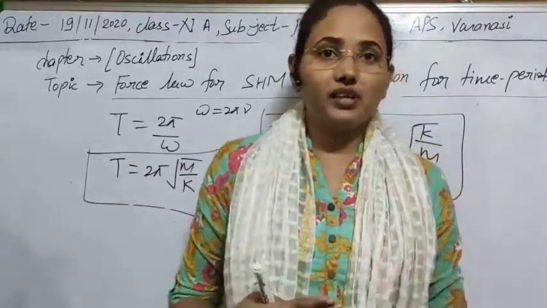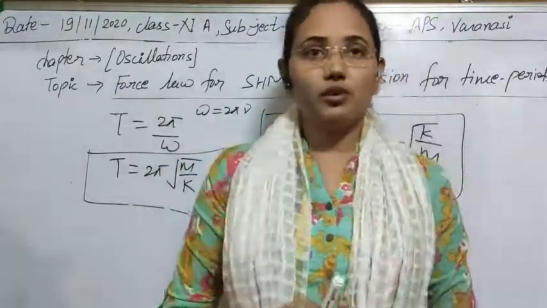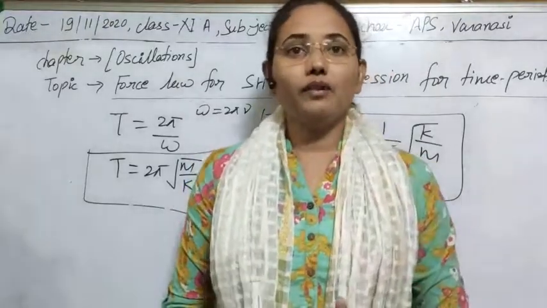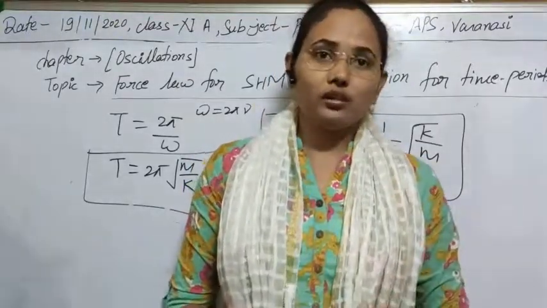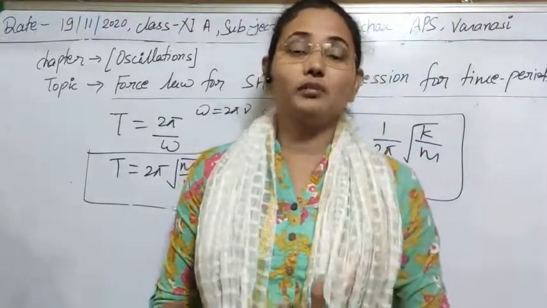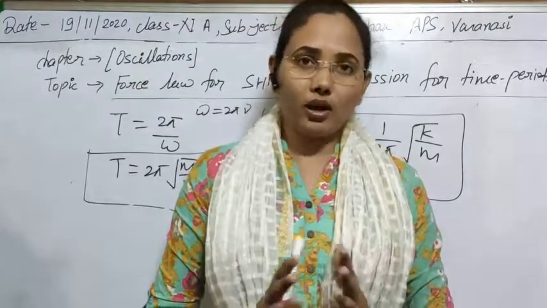How can we understand it? How can we explain the force law for simple harmonic oscillation, and what types of equilibrium there can be in case of harmonic oscillations? In case of harmonic oscillations there will be only the case of stable equilibrium, and in that case the oscillations are possible.